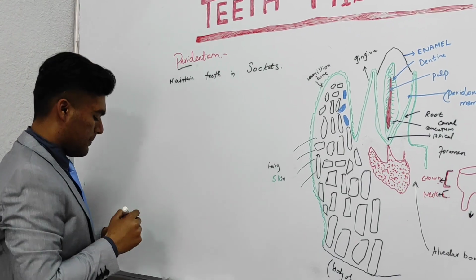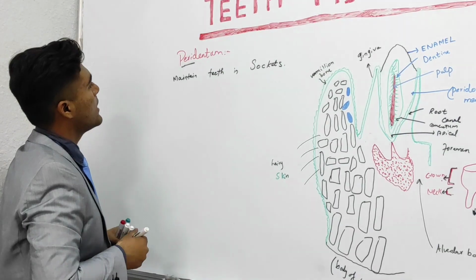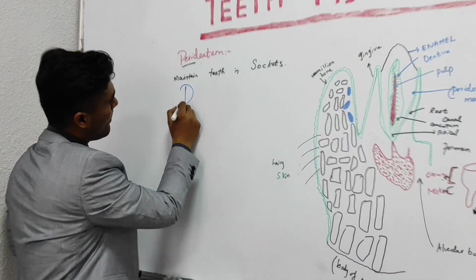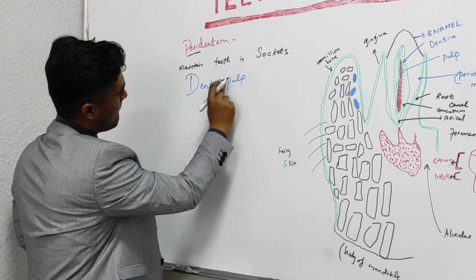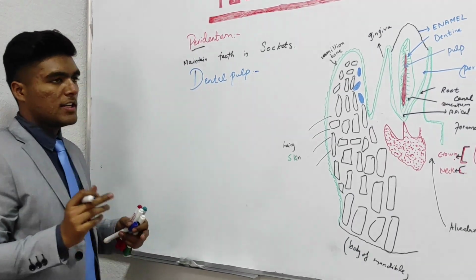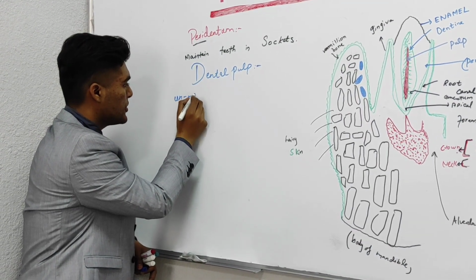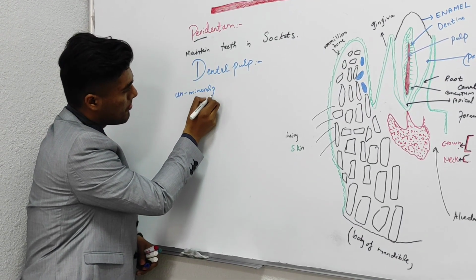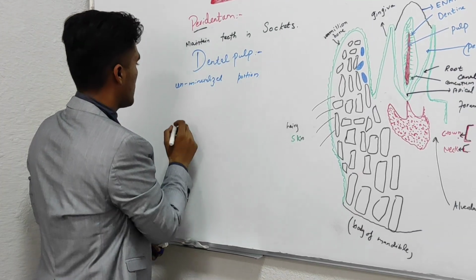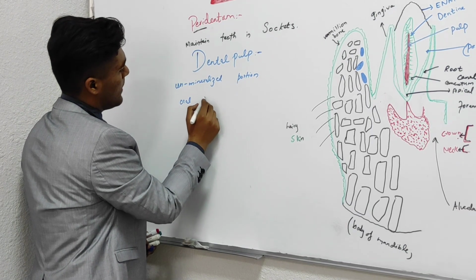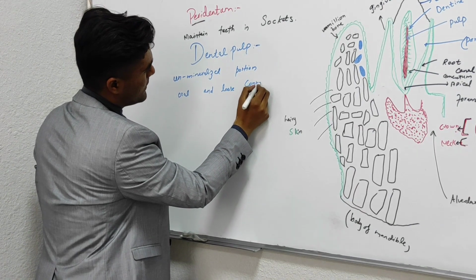Now, our last but not the least point in teeth histology is dental pulp. Dental pulp is basically the unmineralized portion containing loose connective tissues.